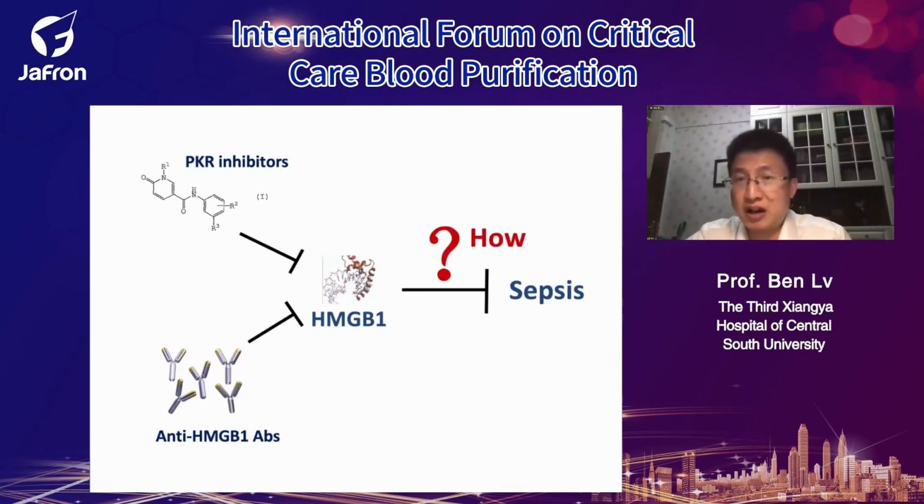So the question is how? Everybody is studying HMGB1, but very few people actually know how it works. So one of our goals in recent years has been to solve the question of how this molecule works in sepsis.